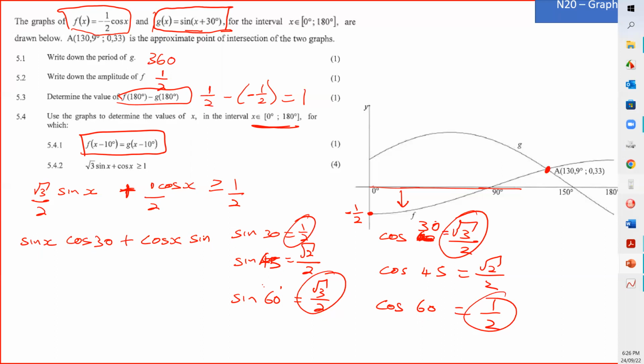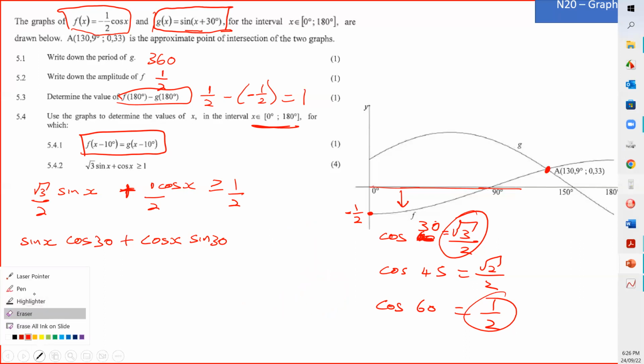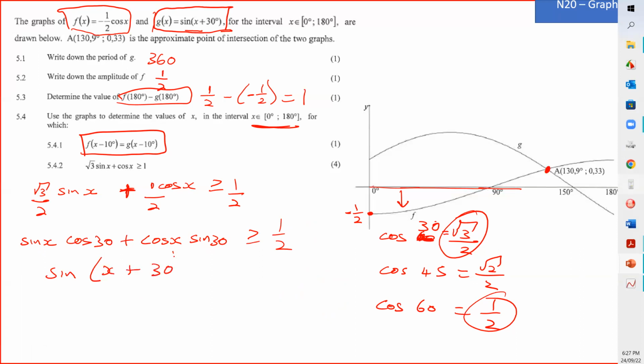The angle I'm going to use, because I want to keep the angles the same, is sine 30, which is coming from the special angles. I'm going to rub this out for space, since we know the special angles. And that is greater than or equal to half. So you could write sine cos, cos sine, and that reduces by the compound angle formula to sine of x plus 30, which is greater than or equal to half.